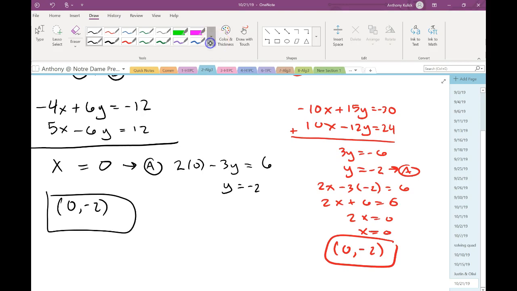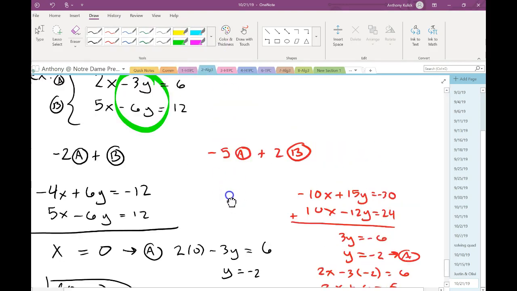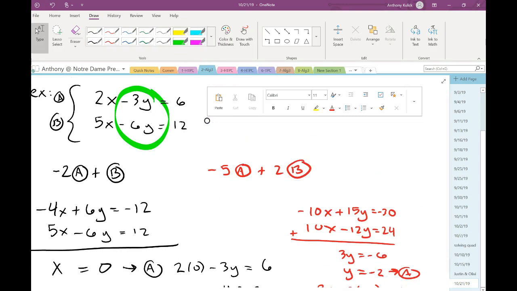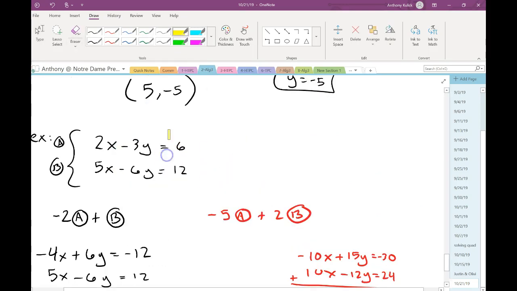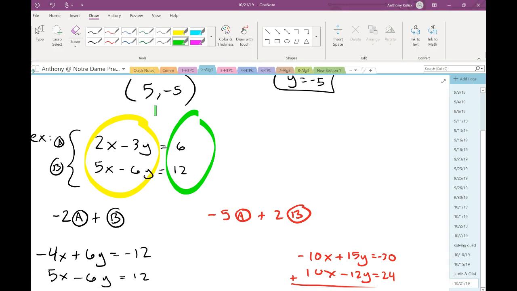But what you bring up is a good point. For us to use elimination, we really want the problem to start where I have x's and y's on the same side lined up and the constant on the other side lined up. If I don't have that, I would need to do some rearranging before I started my elimination. More often than not, you're going to be in a situation where one or the other is the obvious one to use.